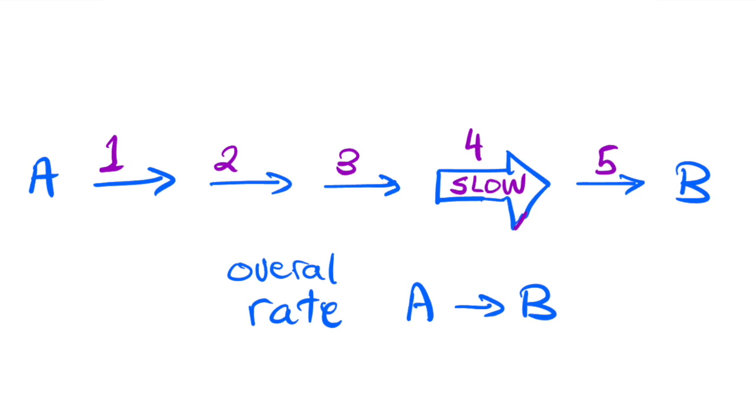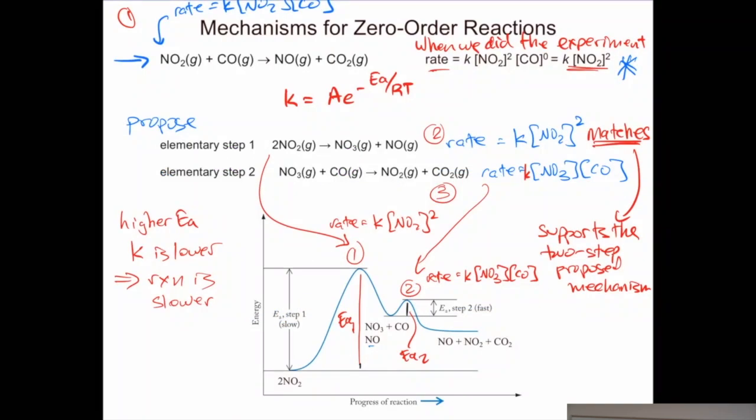The overall rate of going from A to B doesn't matter how fast 1, 2, 3, or 5 is. All that matters is the slowest step. It can't be any stronger than the weakest link. It can't be any faster than the slowest step. So that's what's determining the overall rate.